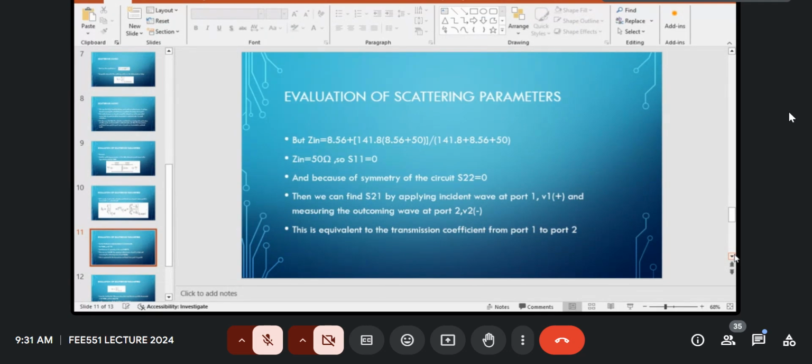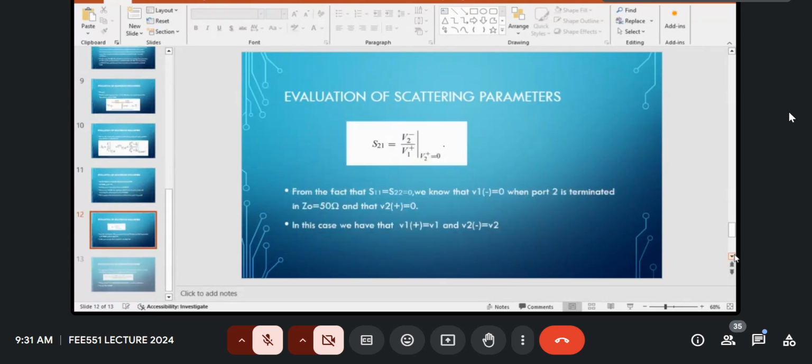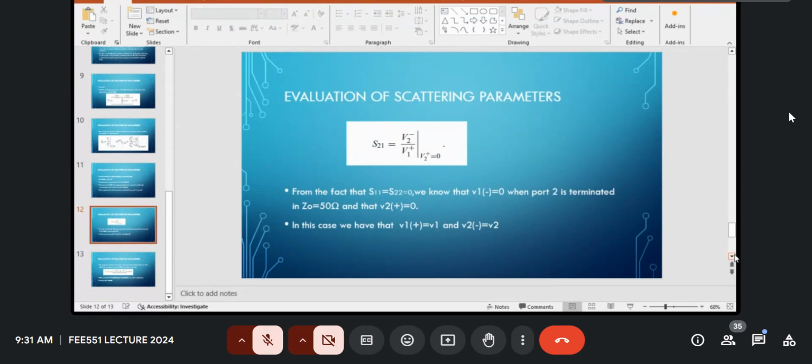So we go to find S21. We apply the incident wave at port 1, that's V1 positive, and measure the outcoming wave at port 2, V2 negative. S21 is the reflected wave at port 2 over the incident wave at port 1 when the incident wave at port 2 is 0. From the fact that S11 is equal to S22 is equal to 0, we know that V1 negative is 0 when port 2 is terminated at the matching load of 50 ohms, and V2 positive is equal to 0.